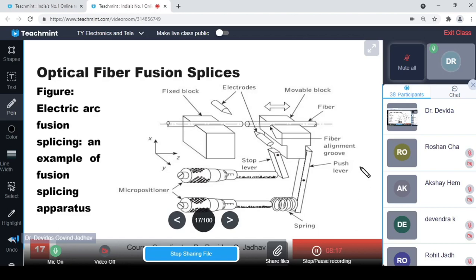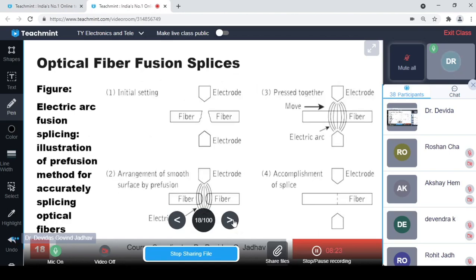This is a manual machine, which is shown just to understand the working principle, but nowadays field machines are also very much automatic. Very small machines are also automatic. So there are 4 steps: initial setting, then arrangement of a smooth face, then pre-fusion, where a small heat is applied.